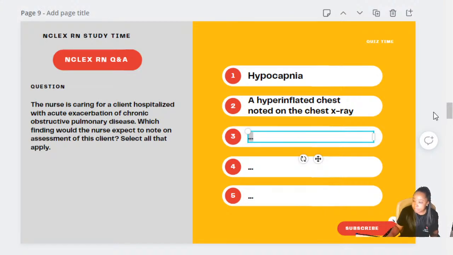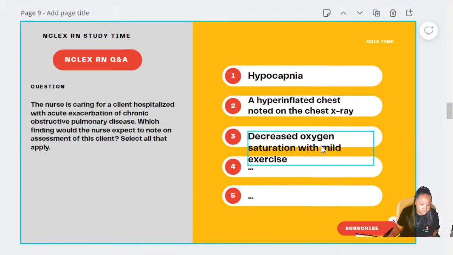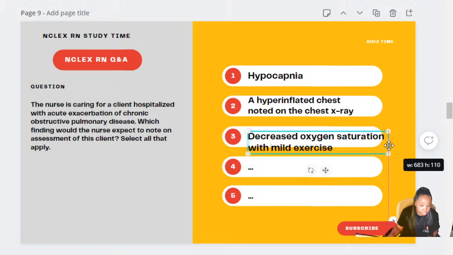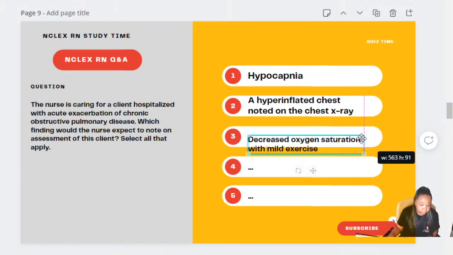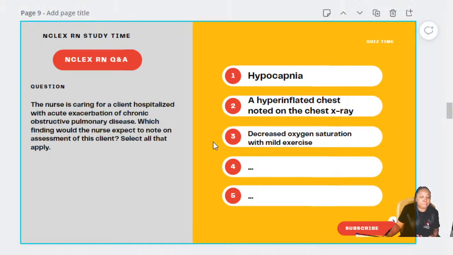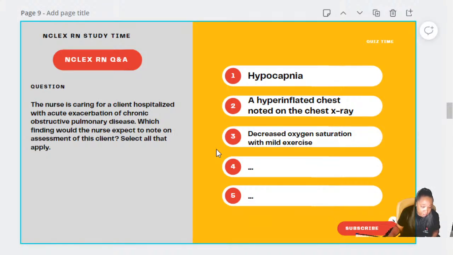It says decreased oxygenation, or let's say oxygen saturation, with mild exercise. When a patient that has COPD is exercising, is moving, the oxygenation goes down.